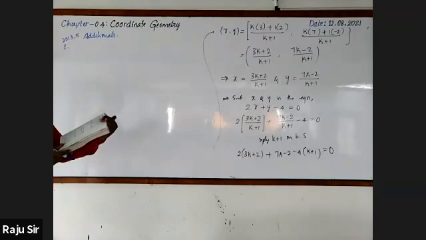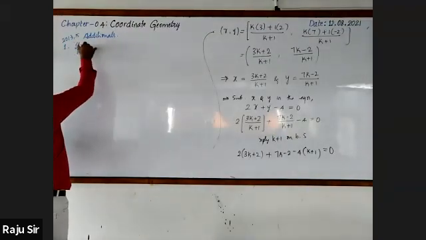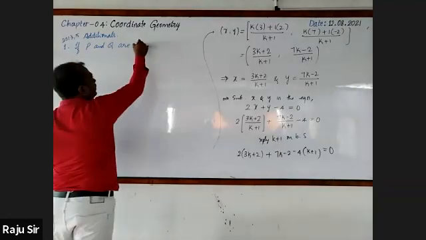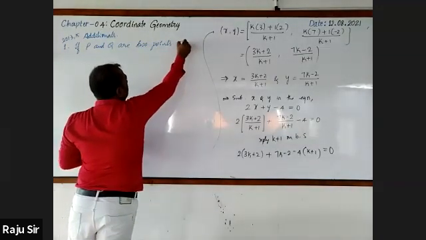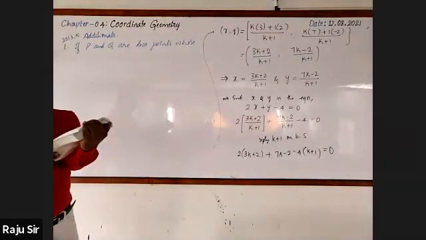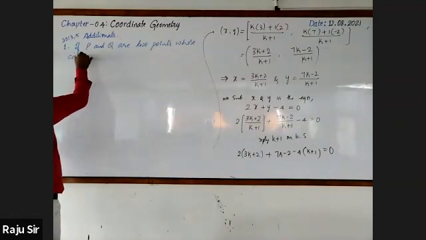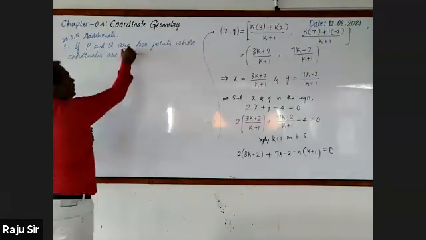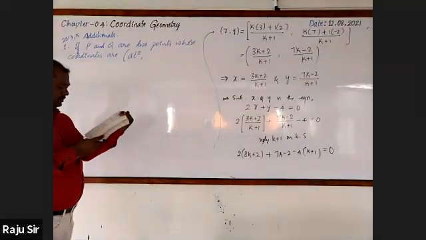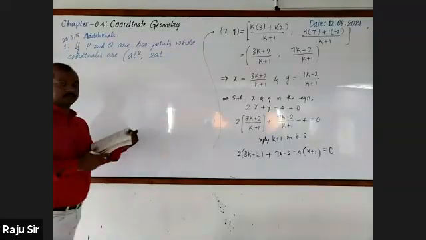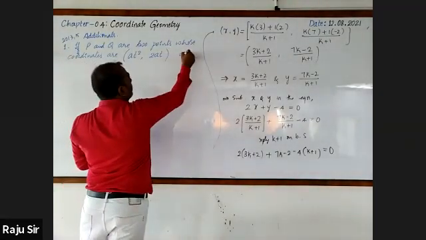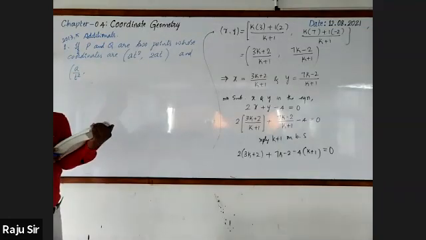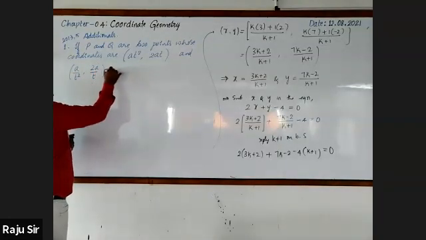If P and Q are 2 points whose coordinates are at square, 2at, and one more point, a by t square, 2a by t, respectively.